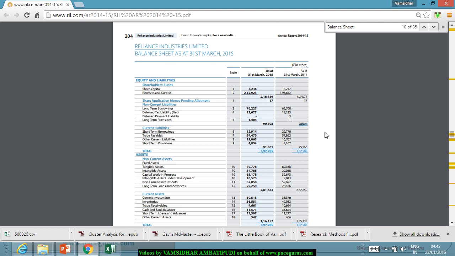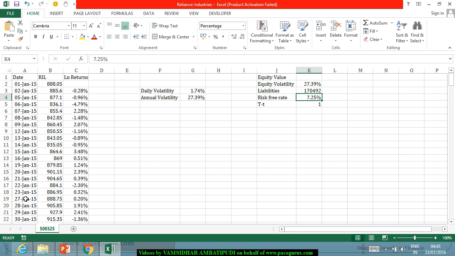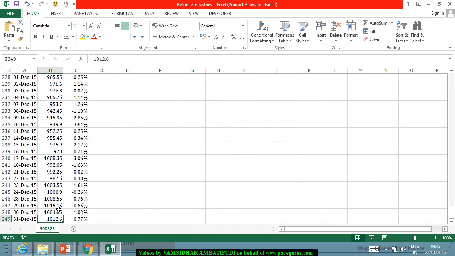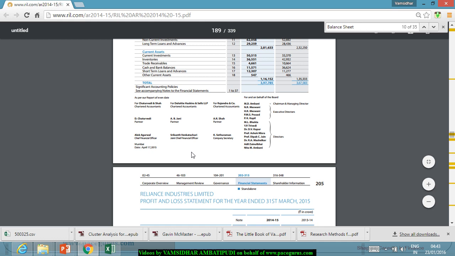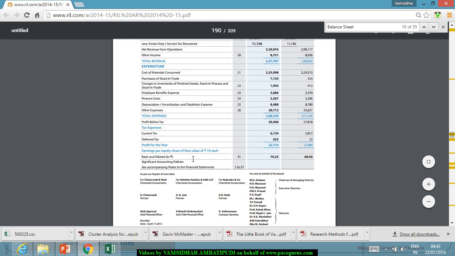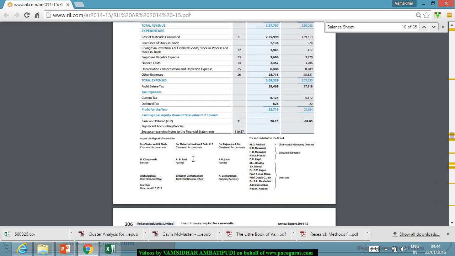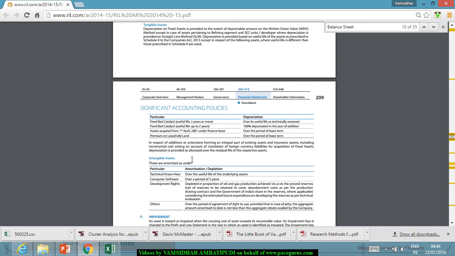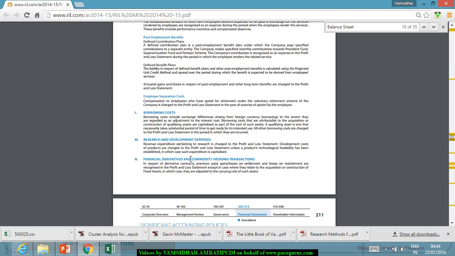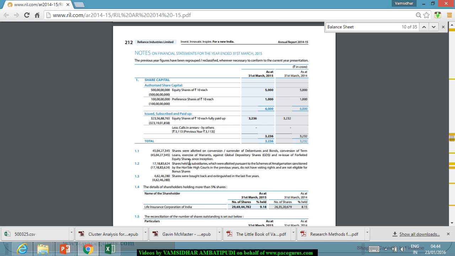Now, coming to the value of the equity, I know the share price as on 31st Jan. All I need is the number of shares, so let's find out the number of shares outstanding.